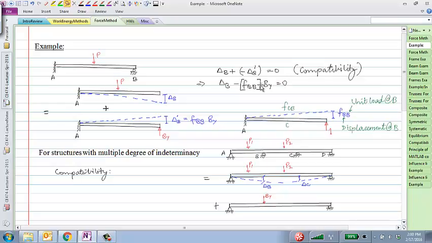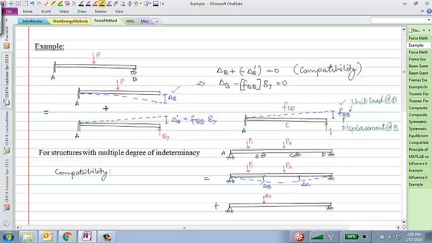Ax is equal to B, except that there is not really a system of equations. There's just one unknown to be solved. So the key thing to note here is that this delta B under the actual load, I know that. I can calculate that, right? We've been doing all of that with our virtual work method and with any method that you want.